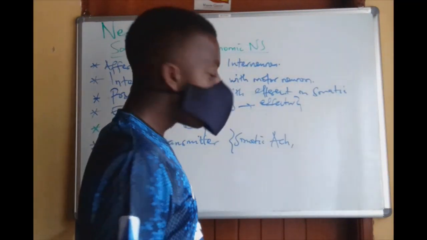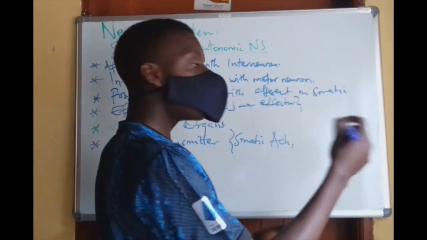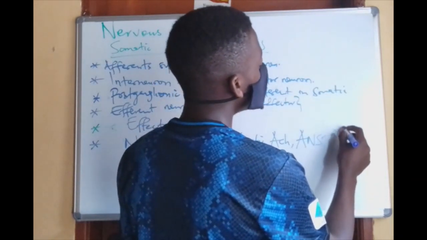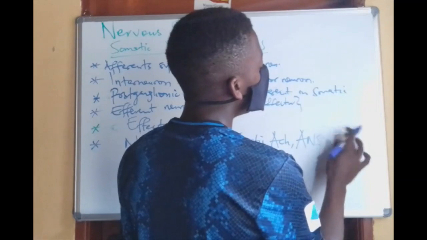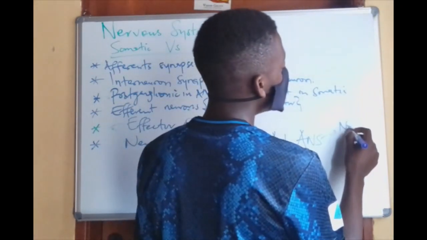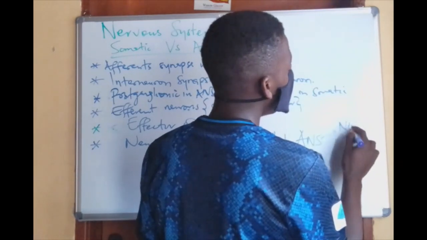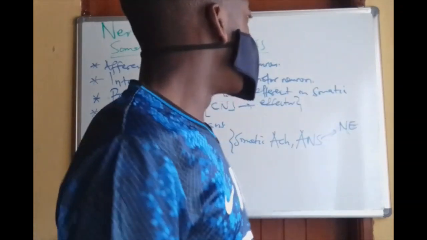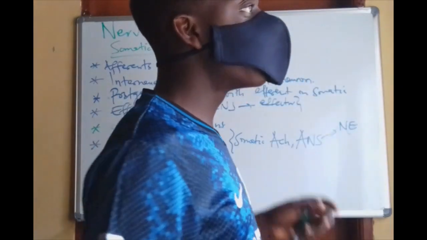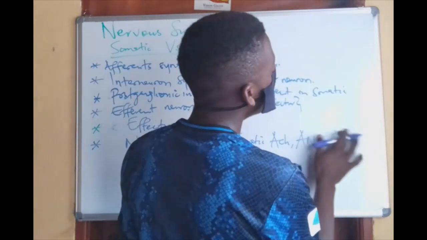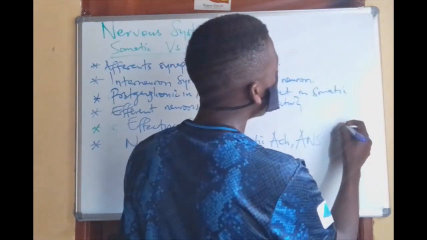But in the autonomic nervous system, the neurotransmitter can be noradrenaline or norepinephrine. Yes, it is majorly adrenergic.